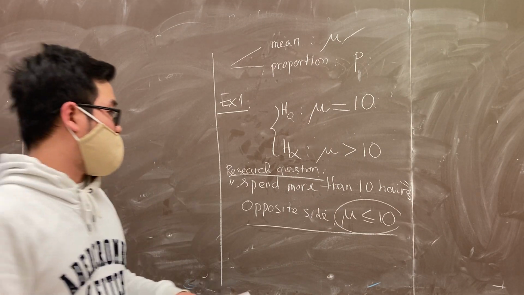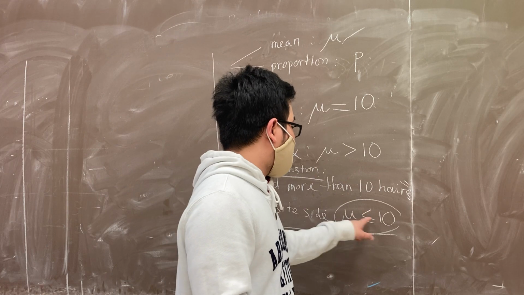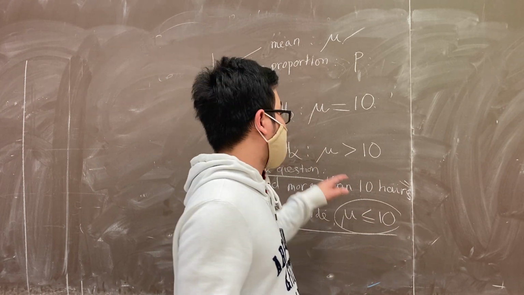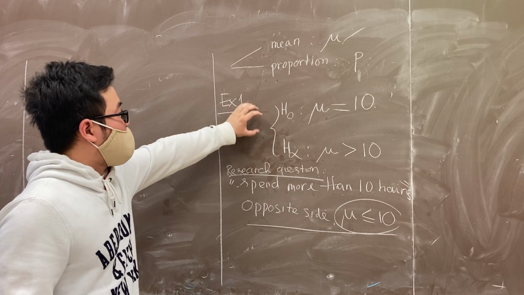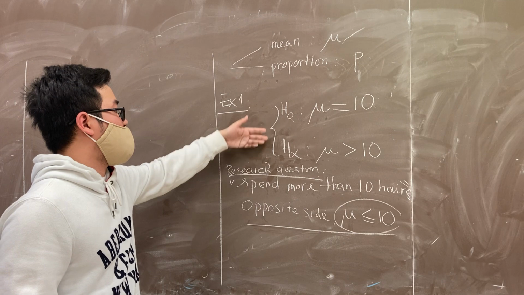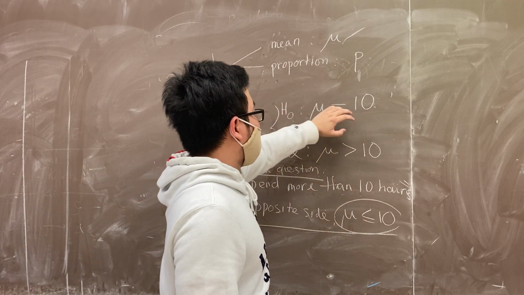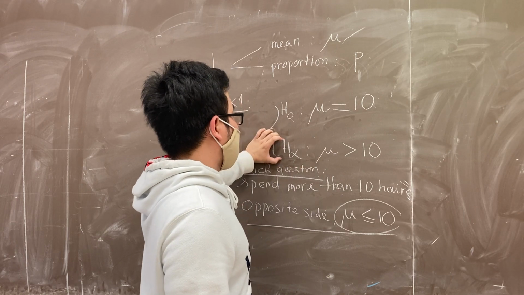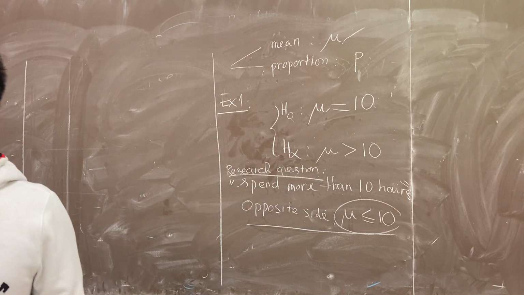This includes the equality, not the inequality. So we choose this. The null hypothesis is the mean is equal to 10. The alternative hypothesis is mu is greater than 10. Any questions so far?